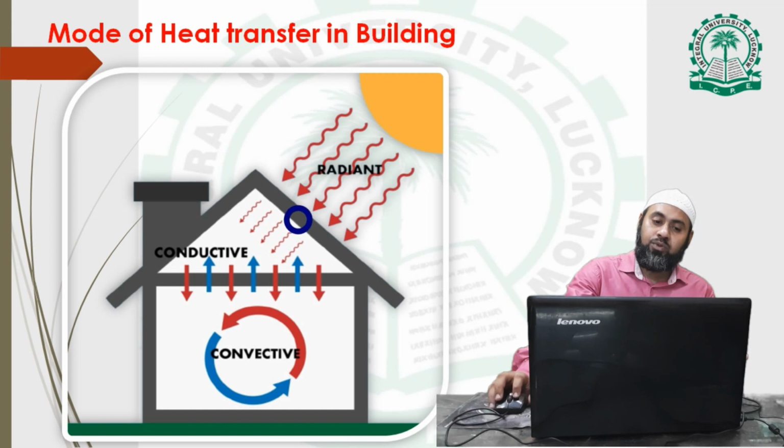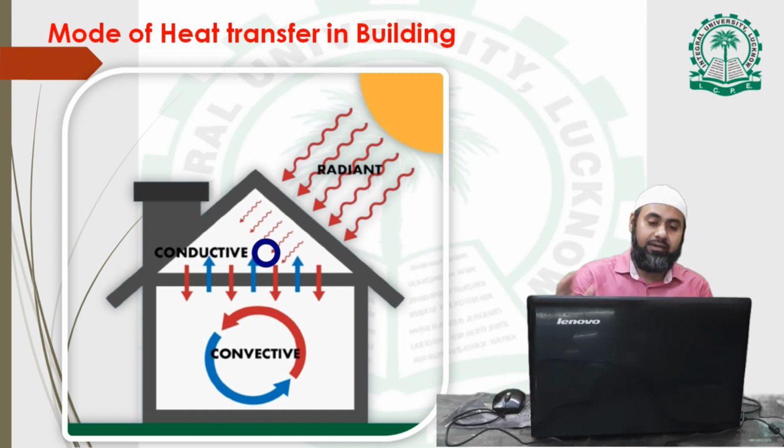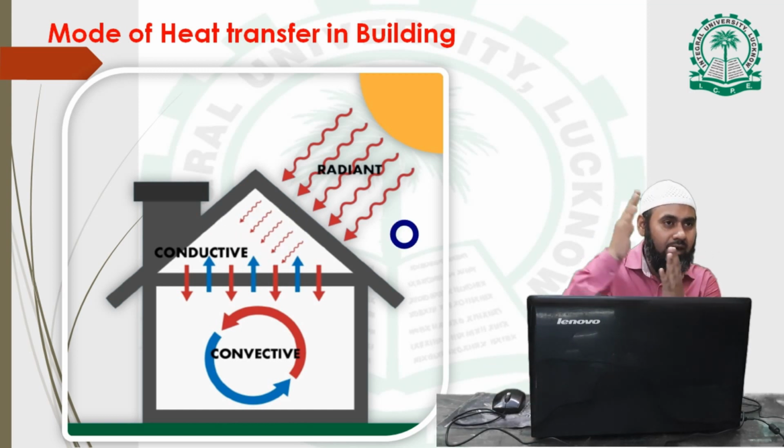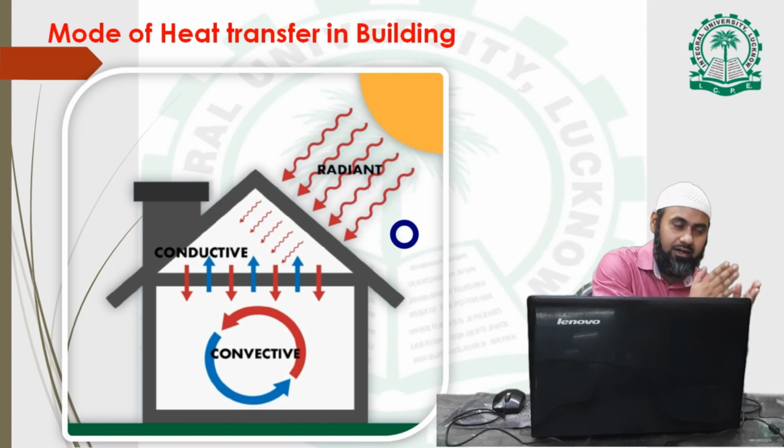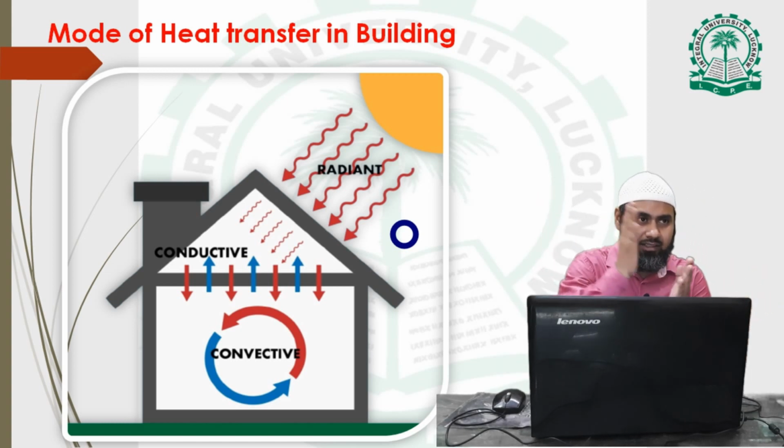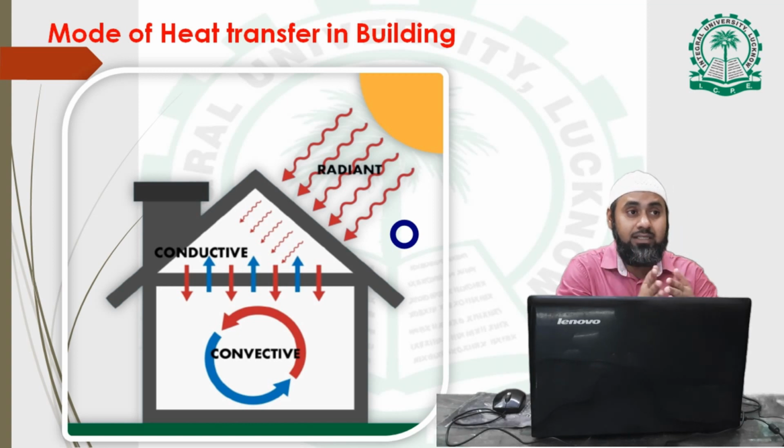it will pass through this area, and when it is transferred through the outside wall to the inside or to the inner wall, this transfer will be known as conduction, because heat is transferred through the solid medium. If heat is transferred through the solid medium, it will be known as conduction.